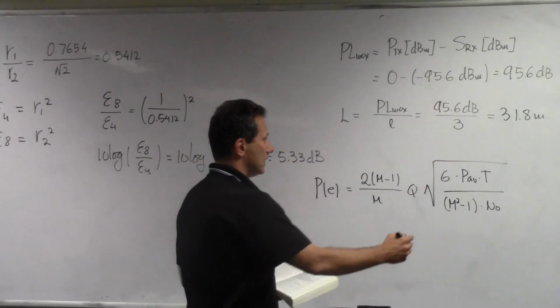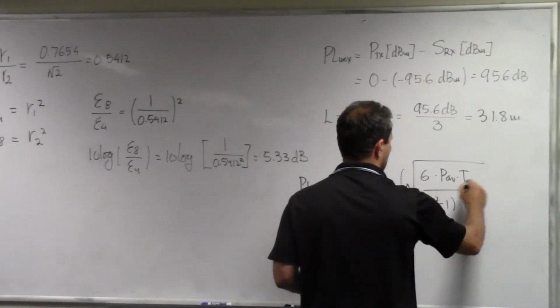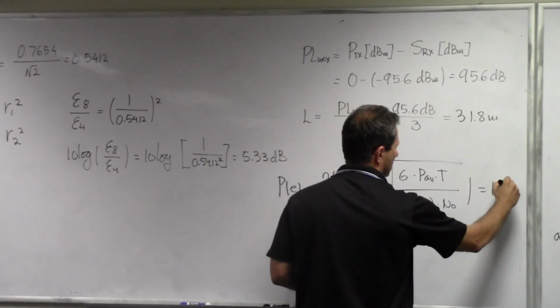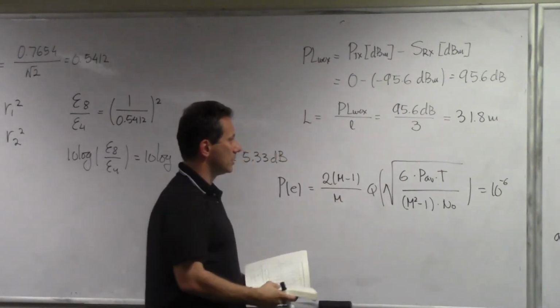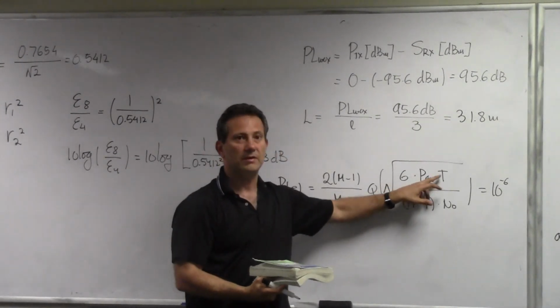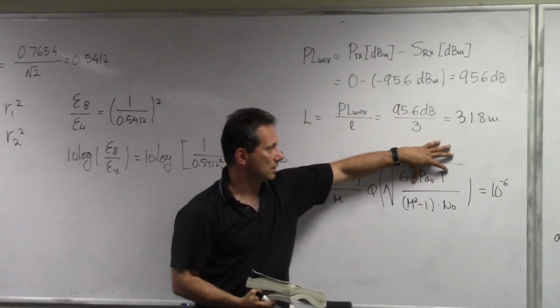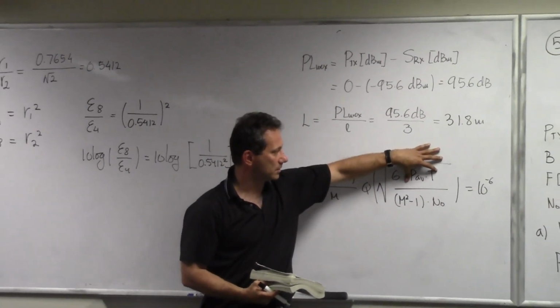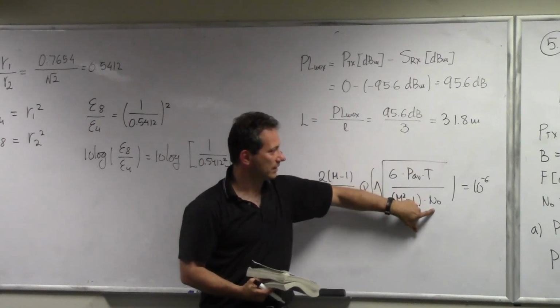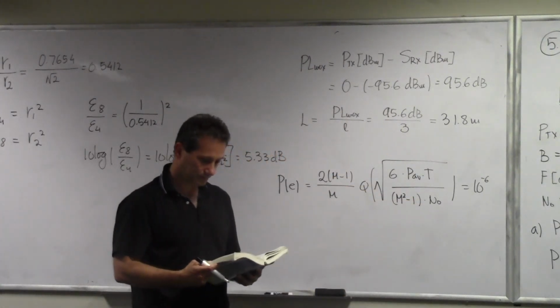If I want this to be 10 to the minus 6, then M is known, so I can calculate what P average times T over N0 is, which is your energy per symbol divided by N0.